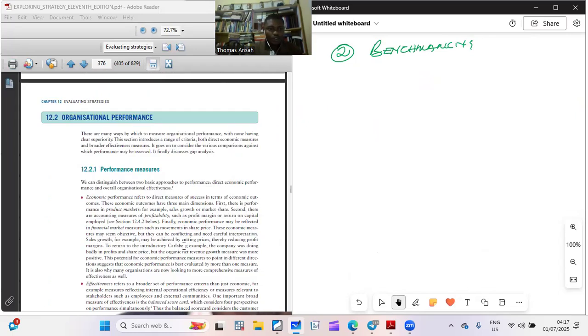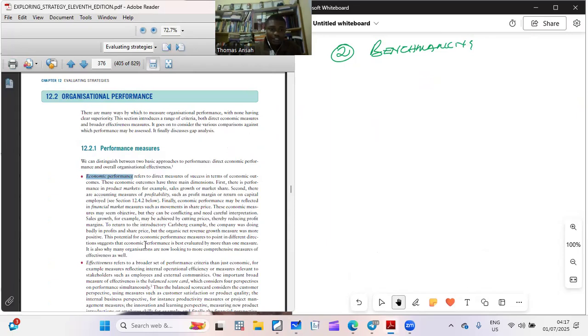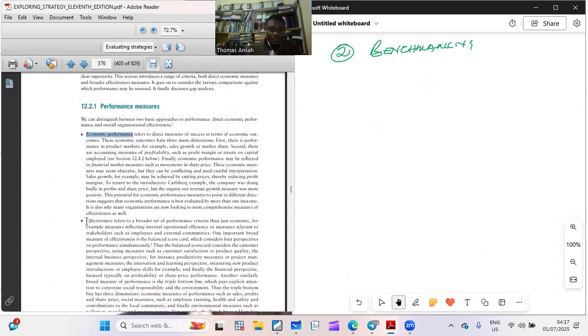Now, already I've told you that the two things you are doing are assessing the economic performance, right? And the other thing is to assess the effectiveness. All right, effectiveness. So we will look at the effectiveness assessment also, where we will use the triple bottom line analysis. Not only the triple bottom line analysis, we will use the balanced scorecard to assess how efficient an organization is.